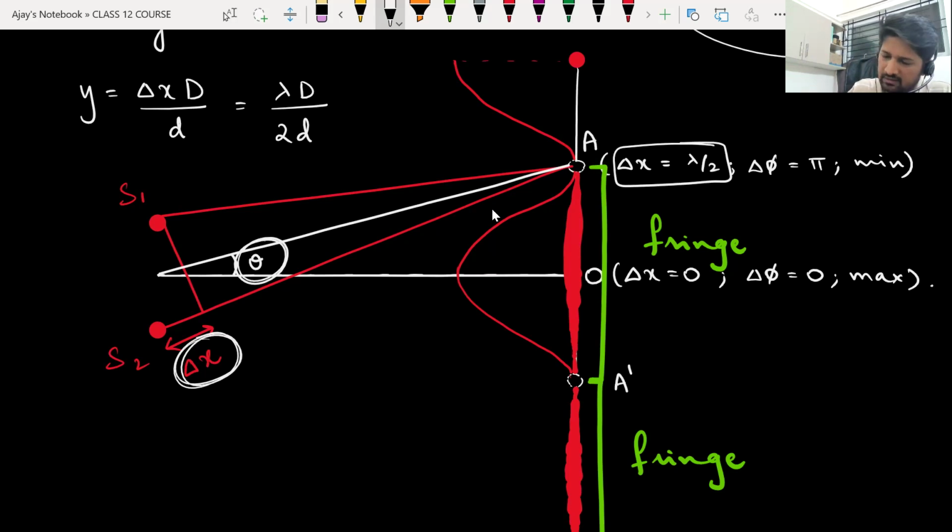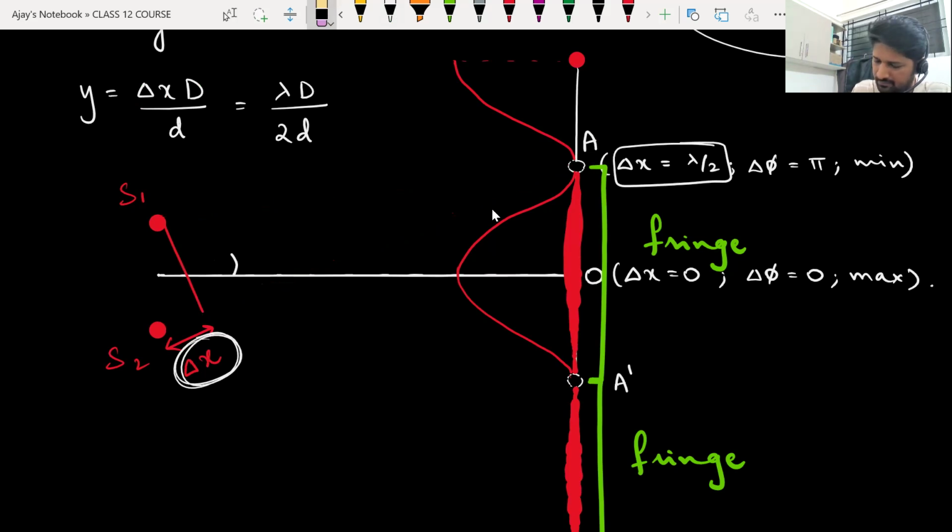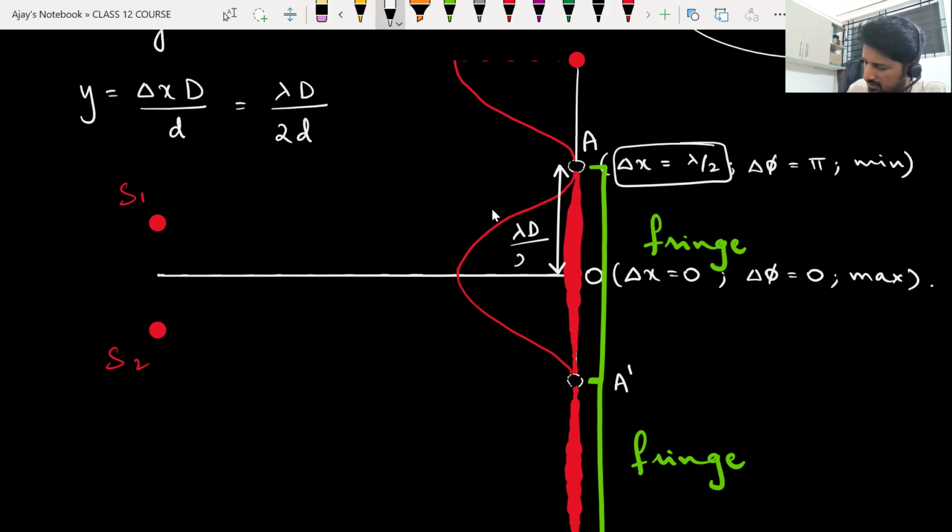So this height, I'll remove these unnecessary lines. Just a moment. This height, or the distance from O to A, is that y coordinate, lambda capital D by 2 small d. You will see the same distance from O to A dash on the lower side. This is also lambda capital D by 2 small d. Then the total distance from A to A dash, how much does it become?